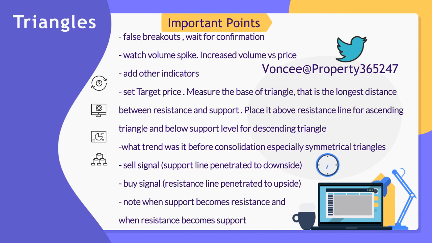As for the sell signal, some people just sell once the support line is penetrated to the downside, and vice versa. They buy once the resistance line is penetrated to the upside, and they see that as a buy signal.